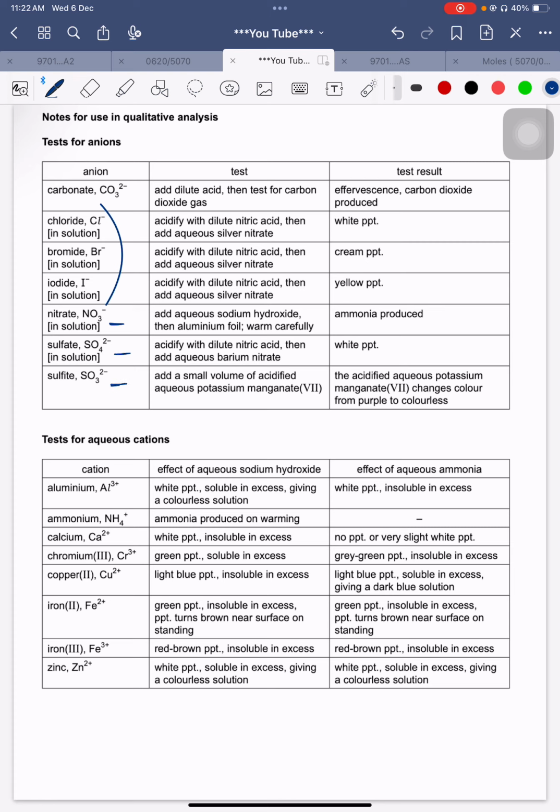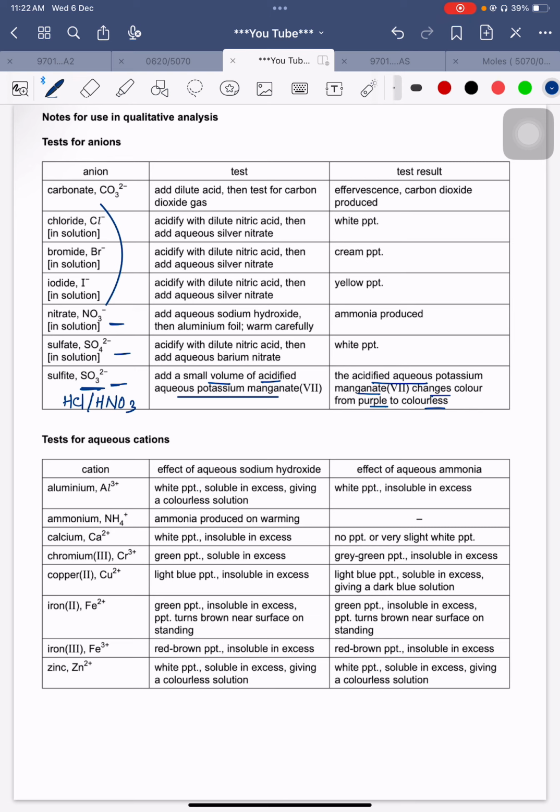Okay, guys, let's discuss sulfite. A small volume of acidified potassium manganate is added. Acidified potassium manganate changes color from purple to colorless. So when something acidic is added to it, let's say we have added HCl or HNO3, obviously for sulfate or sulfite we cannot add sulfuric acid. Please be careful.